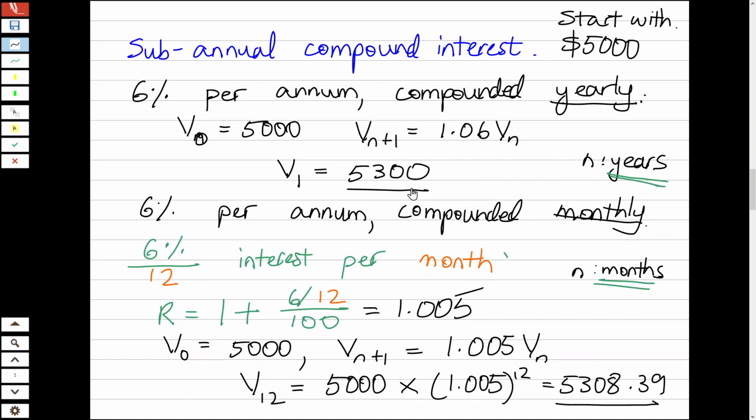The more often you compound your interest, the better. So always try to get a daily compounding interest product if you can when you sign up with a bank. Now, I'm going to do one more example. This time we're going to do it daily.